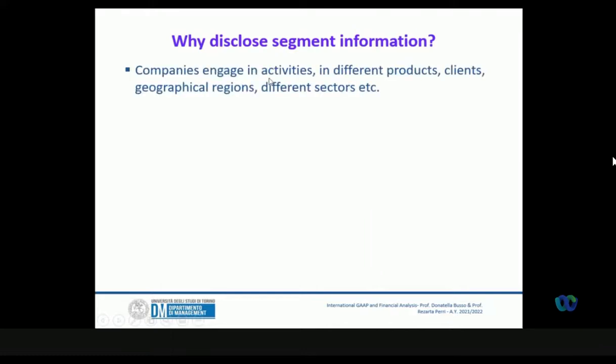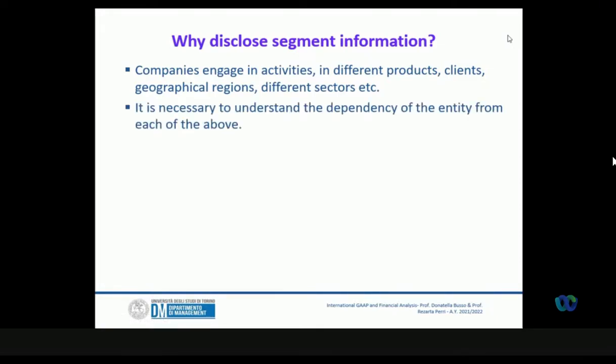First of all, why should we need to disclose segment information? That is something that I mentioned before. As we said, companies may engage in different activities, in various products, sometimes thousands of different products, business segments, geographical regions, different sectors, different customer categories, and so on.